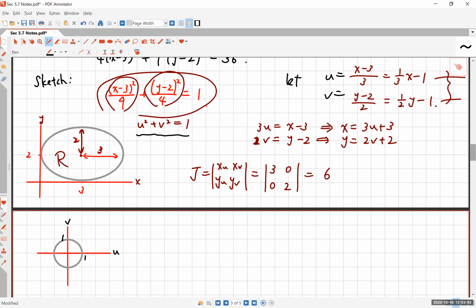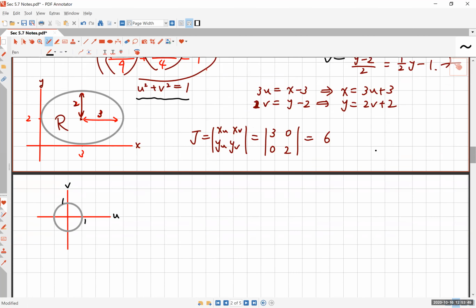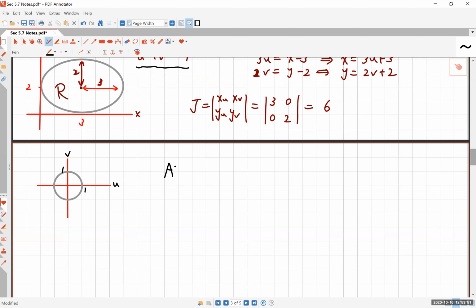We are asked to integrate, well, I mean, this is the area, so the integrand is just 1, okay? So what we want to find is this, the area of R, which was the integral on region R of dA in the xy plane.